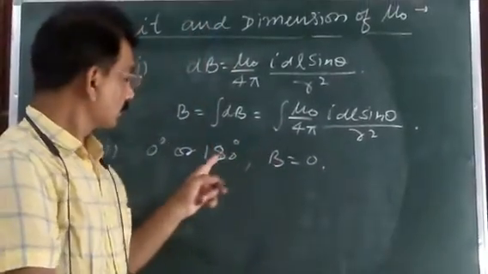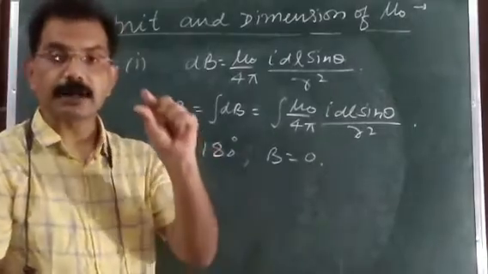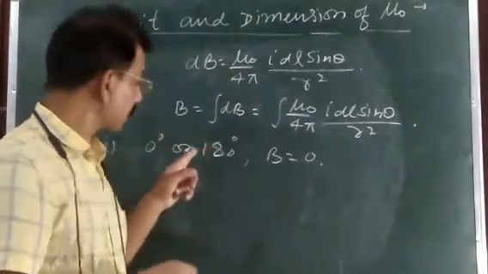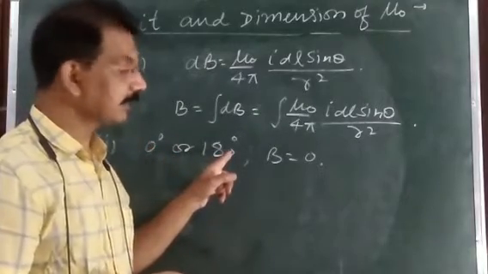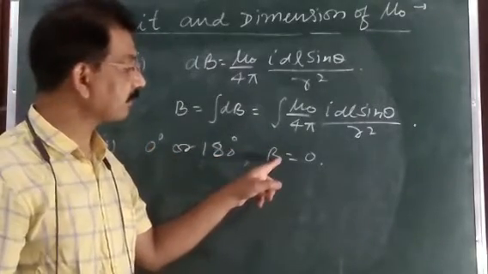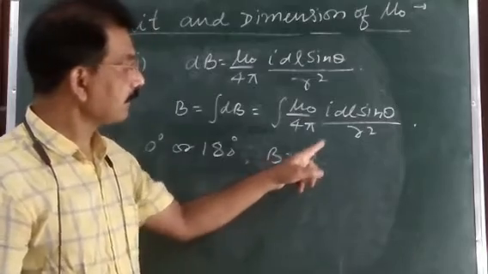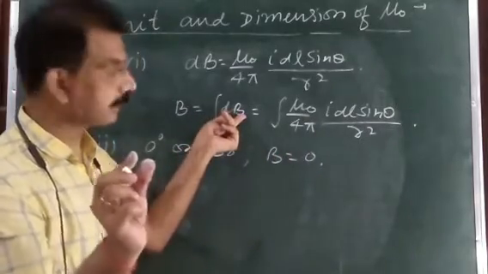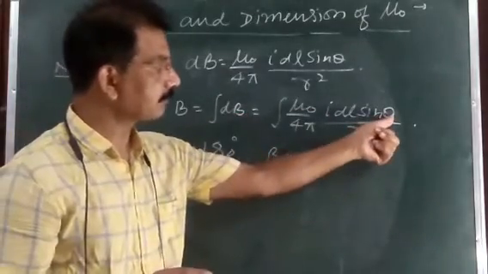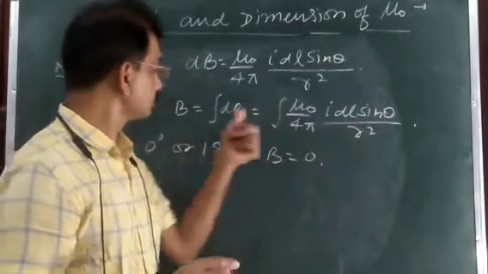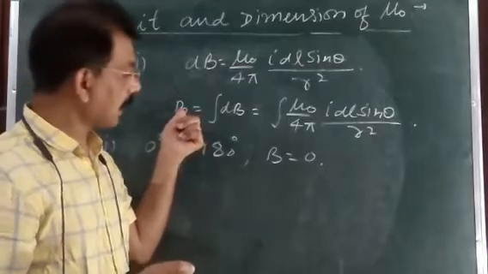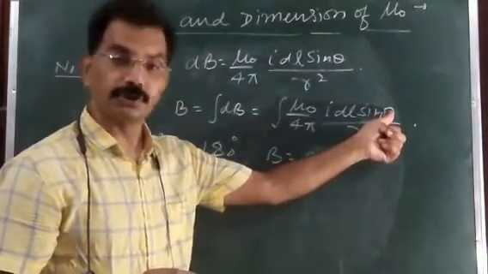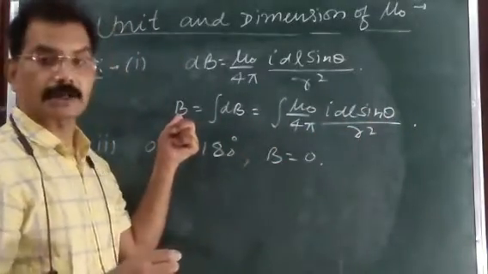It means if the angle between the current and the point where you want to find the magnetic field is either 0 degree or 180 degree, then at that point the magnetic field will be 0. Why? Because when you apply the Biot Savart law for the small current element, theta becomes 0, sine 0 is 0, which means magnetic field 0. And when you take 180 degree, sine 180 is also 0. So for that point, the magnetic field is also 0.